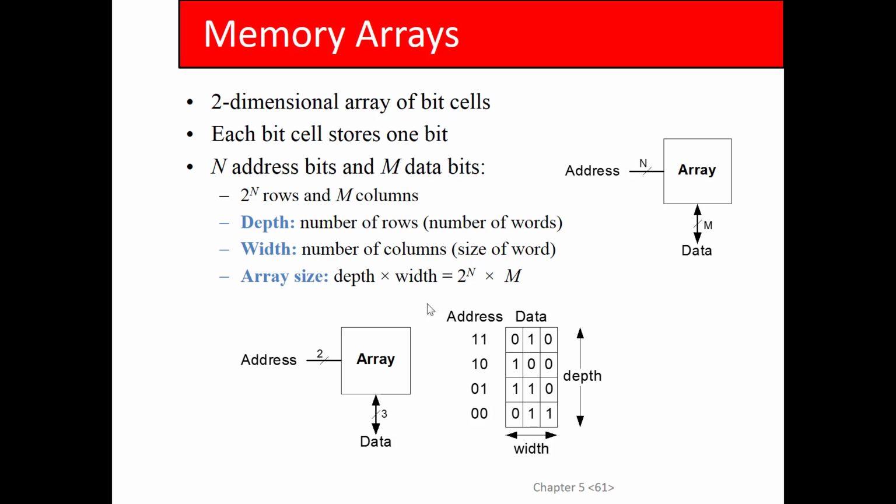The width is the amount of data you get out when you access it, and the depth is the number of individual elements that you can access. Sorry, I screwed that up. Make sense? So if I had a 1024 by 32 memory, for instance, I would have 1024 words of 32 bits each. That would be a 1024 by 32, right? Okay.